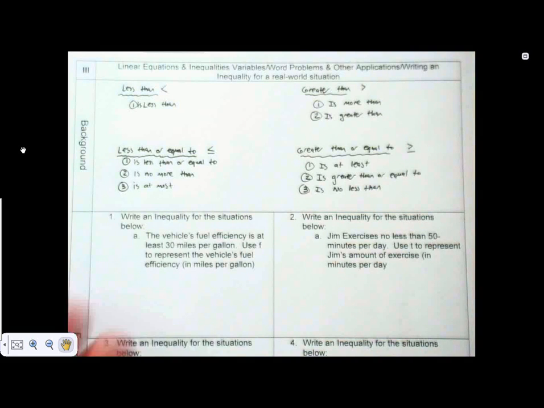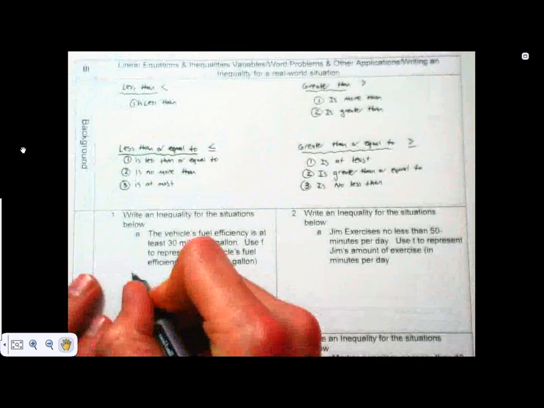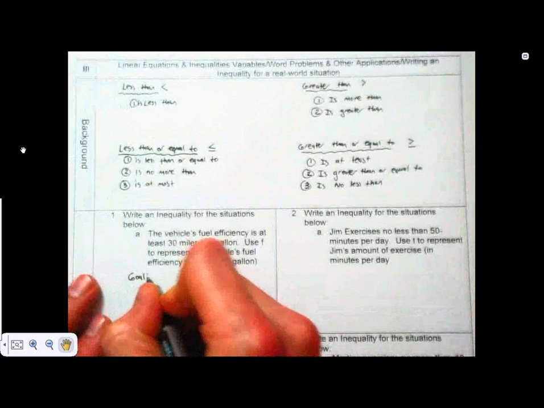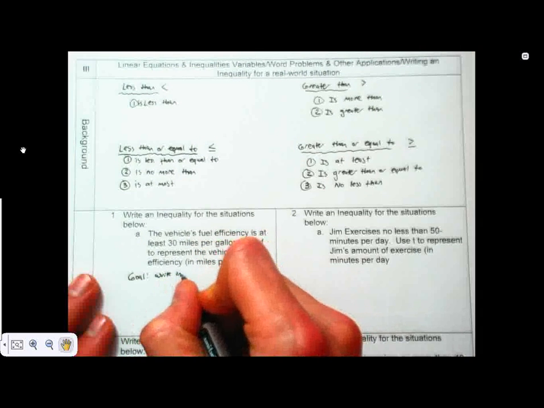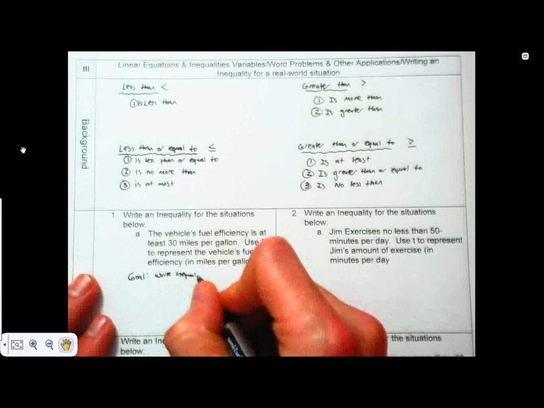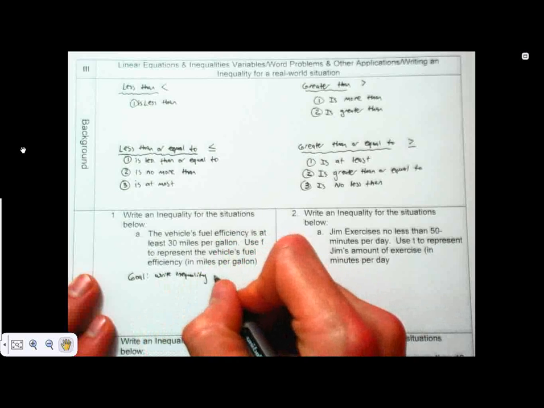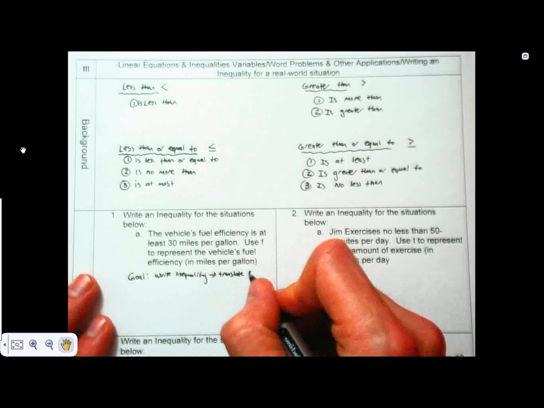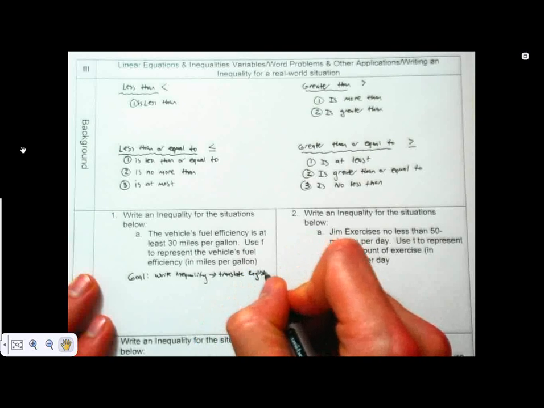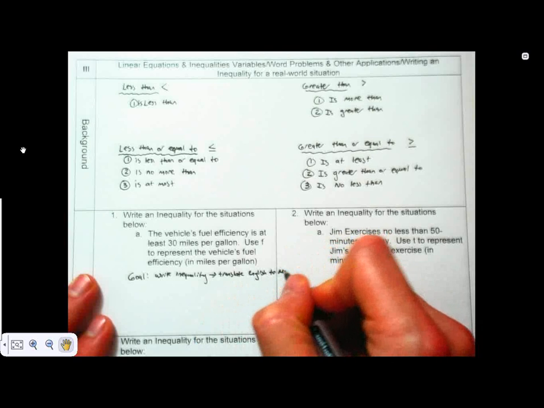So what we're supposed to do, in my opinion, if I wrote down our goal, is to write an inequality, and what that means is translate the English to math symbols.